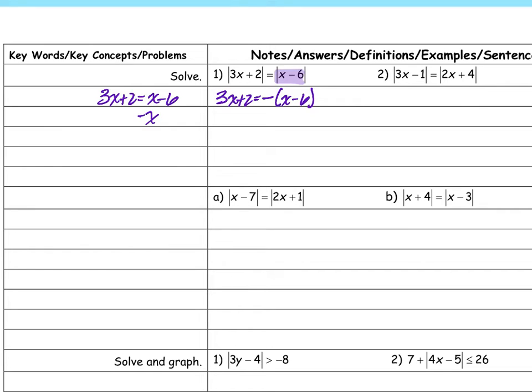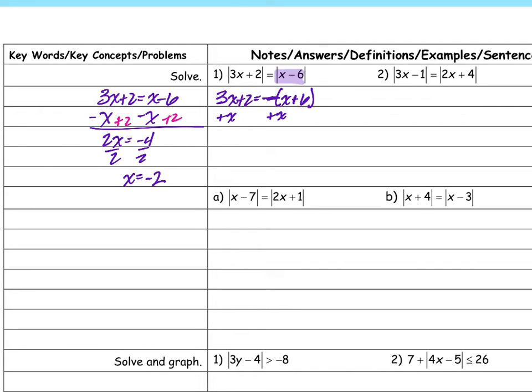So subtract x, add 2. So I get 2x equals negative 4, divide by 2, and x equals negative 2. And this one, this becomes a negative x, and this is a positive 6, right? So I'm going to add 6 this time.